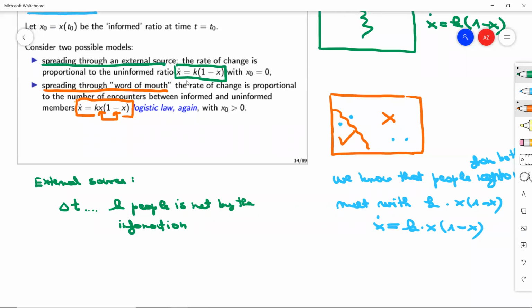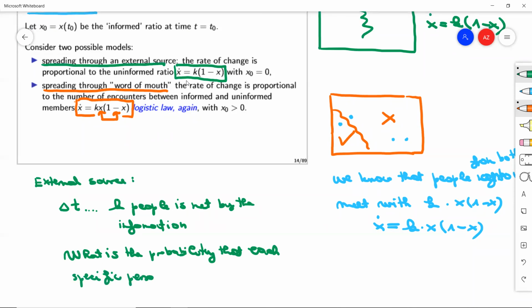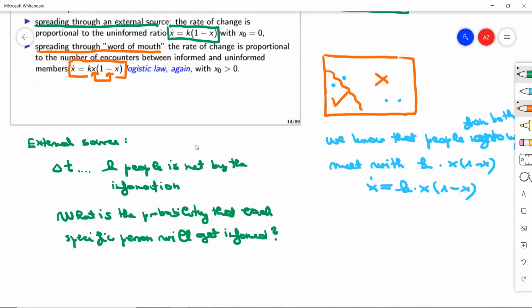And for each specific person, what's the probability that they will get informed? The probability is exactly the probability that the specific person will be from the uninformed group.